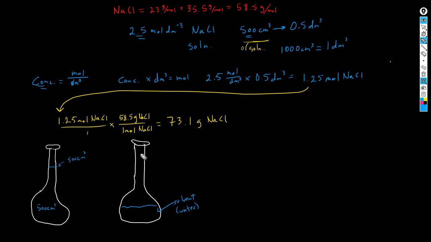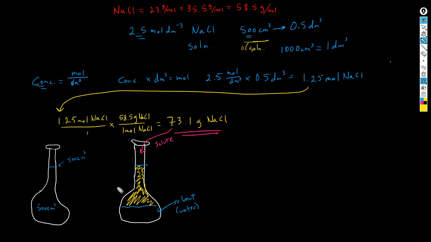And then I would add to this flask my 73.1 grams of sodium chloride. I would add my solute to it. I will shake it up, make sure everything's dissolved, and then once everything is dissolved, I would then add additional water to fill this flask all the way up to the line, which is 500 milliliters.